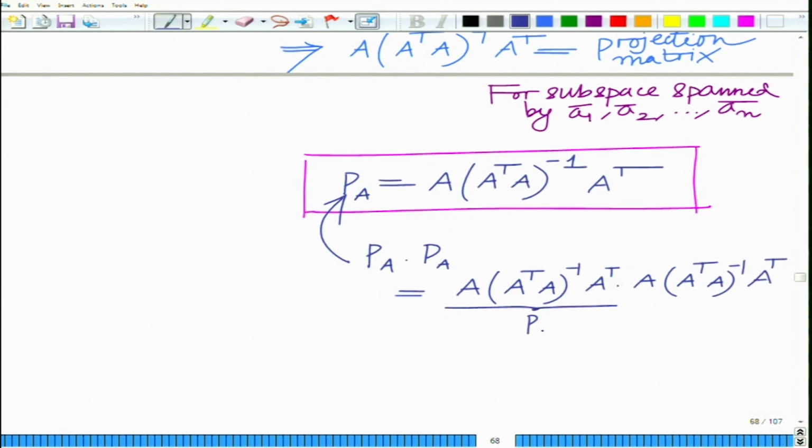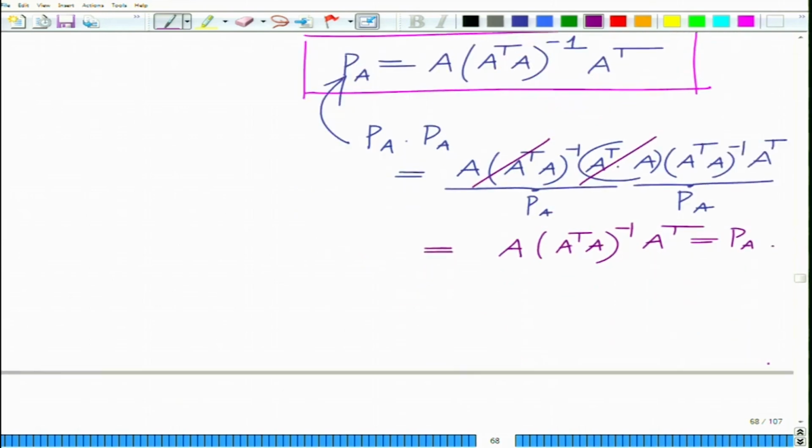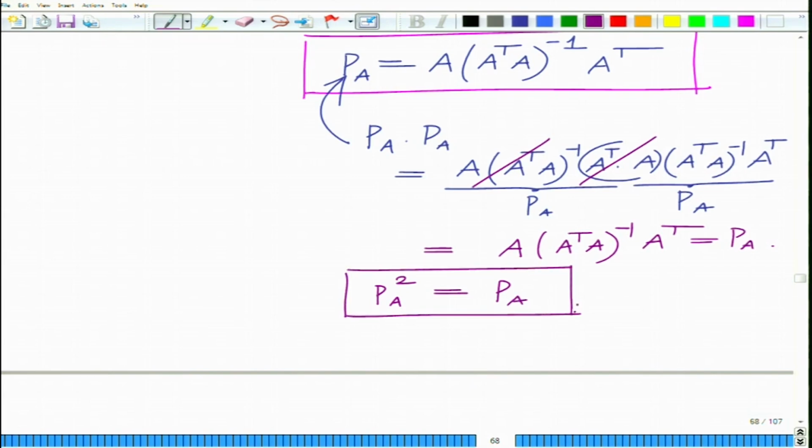So, this is PA multiplying it by PA, and you can see now you have A transpose A inverse, so these things cancel, and what you are left with is again A transpose A inverse into A transpose, which is PA. So, this satisfies the property PA square equals PA. In fact, PA raised to the power of n, for any integer n greater than or equal to 1, is PA.